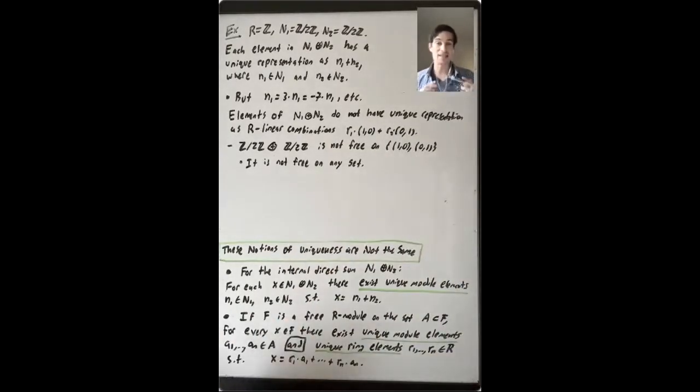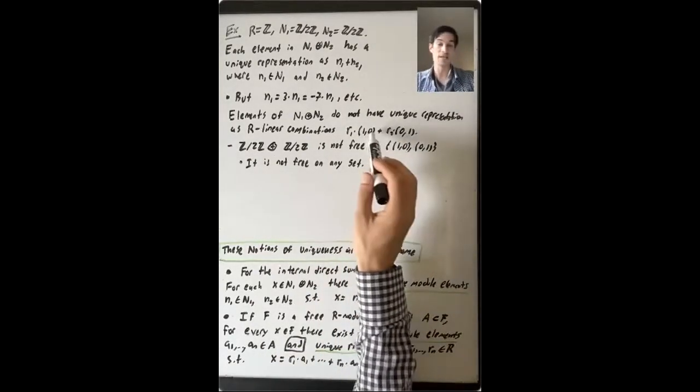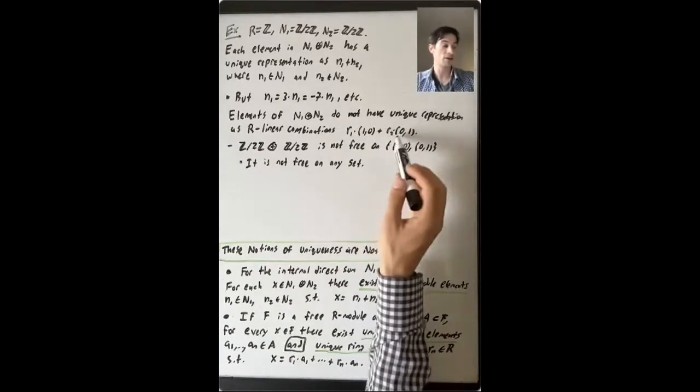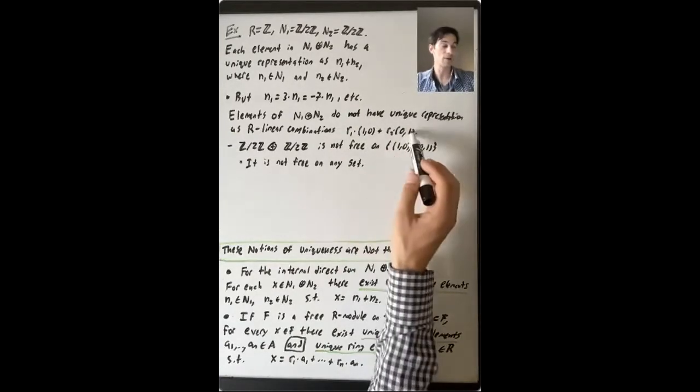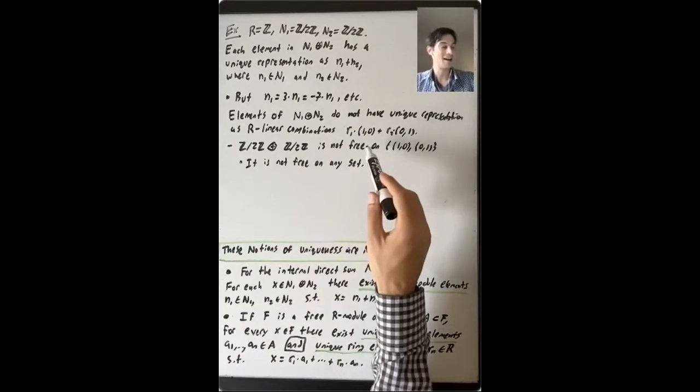In fact, it's not free on any subset, but there's something you have to prove in order to see that. Here, we're just saying that there isn't uniqueness of R linear combinations where you take these two elements. But in fact, there's no subset you could take of this module and get a free set of generators.